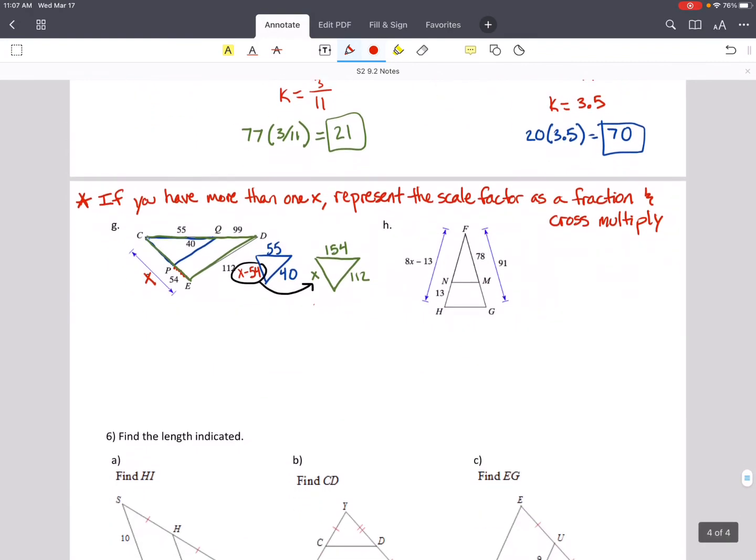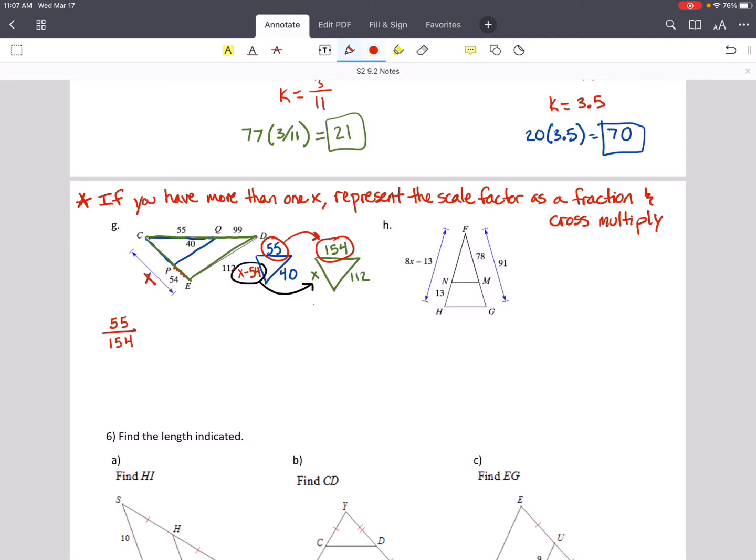For example, I know that I can do 55 to 154. And so I can say, all right, I can find the scale factor by doing 55 divided by 154.